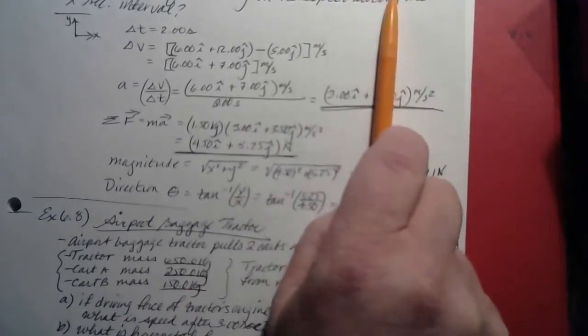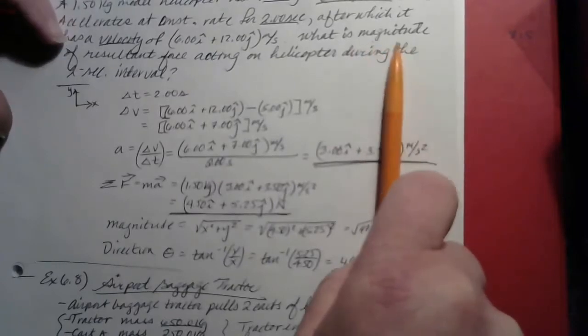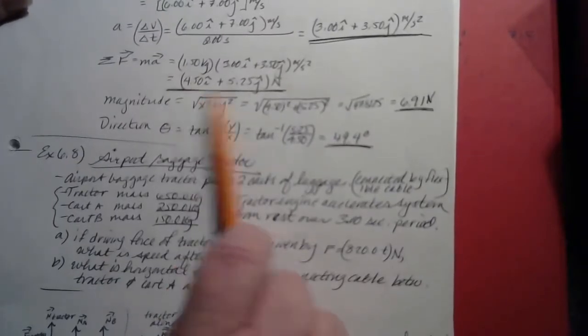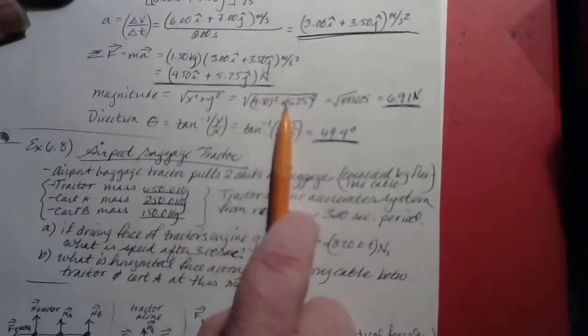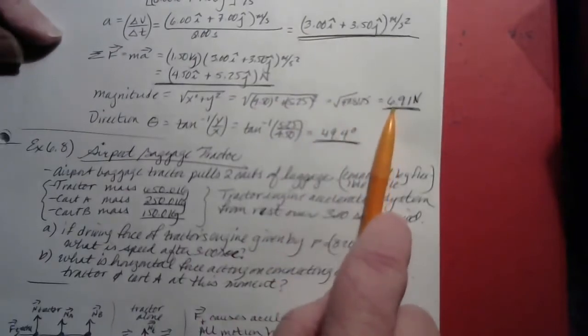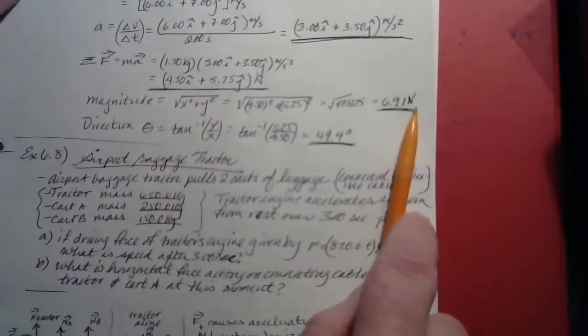The question was asking for the magnitude of the resultant force. It didn't ask for the direction, but I might as well throw that in as a bonus. Anyway, the magnitude is going to be the square root of the x term squared plus the y term squared. So that's the square root of 4.5 squared plus 5.25 squared, which comes out to be 6.91 newtons in the direction that the force is actually acting.